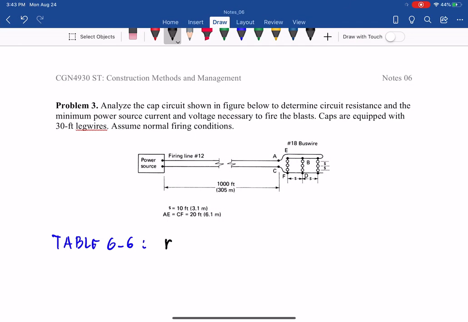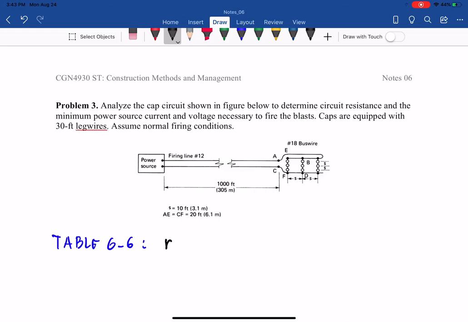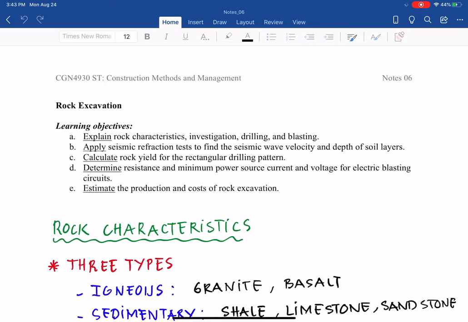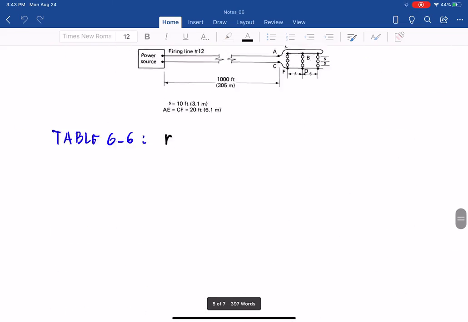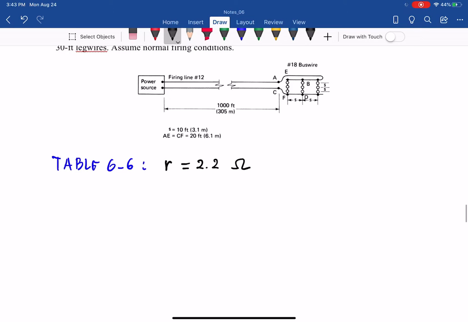So from that we have R equal to 2.2 ohm, and this is per cap.